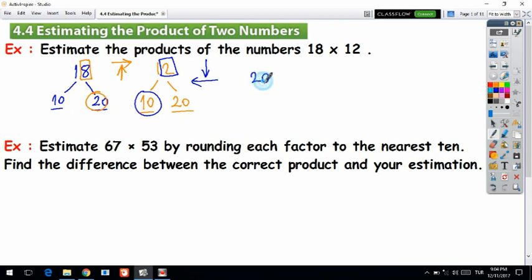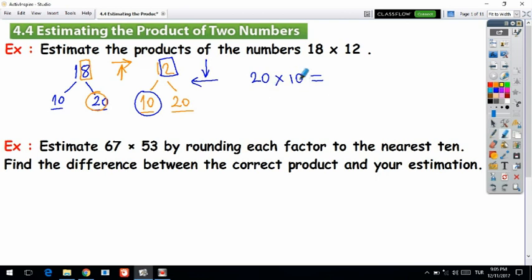Now we multiply the circled numbers, as you see. 20 times 10 is equal to... There is a two-digit number and a two-digit number. First of all, we have a rule to multiply them easily. If you have zeros at the end of the numbers, we close them.